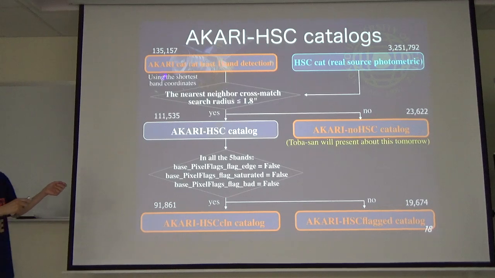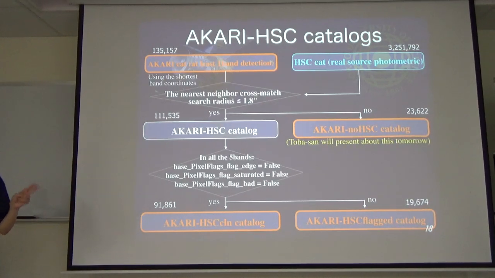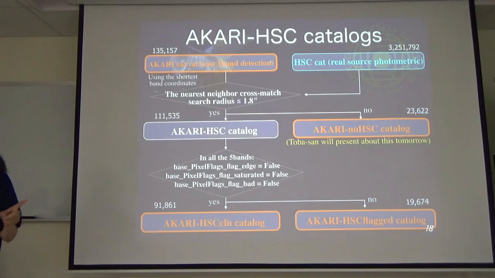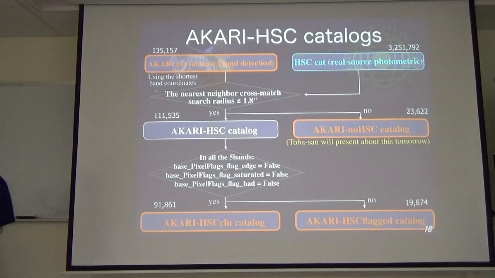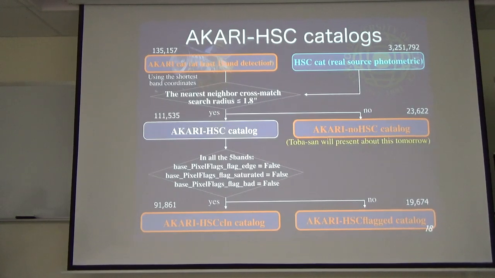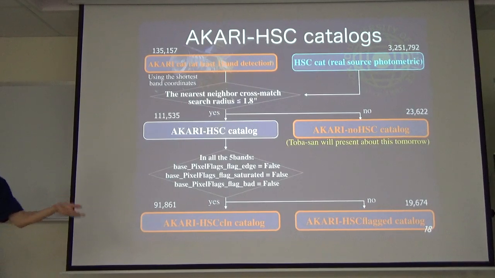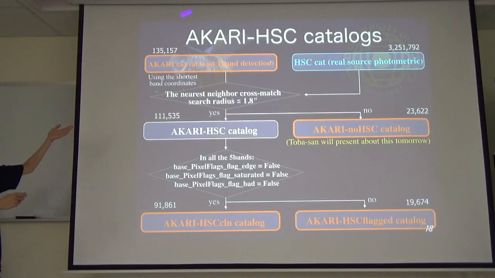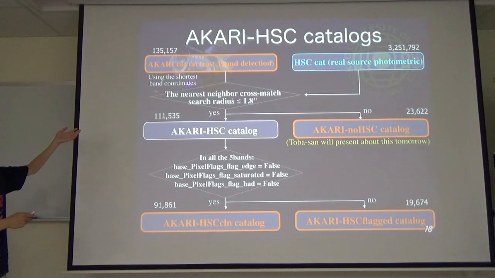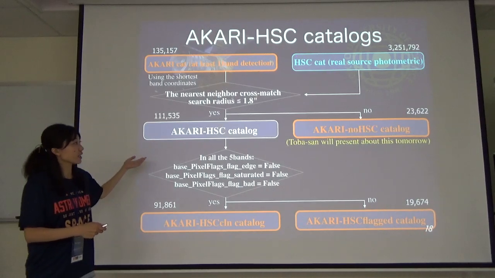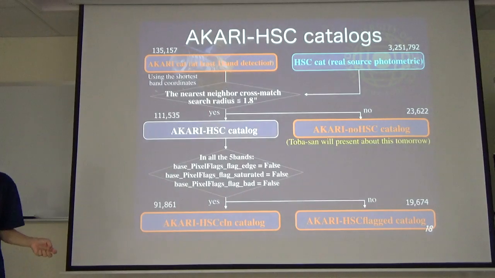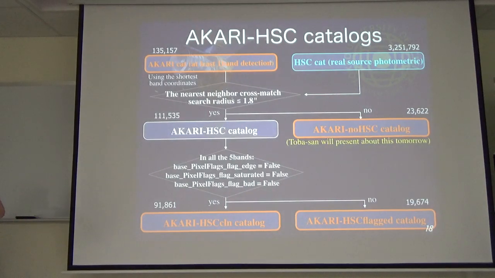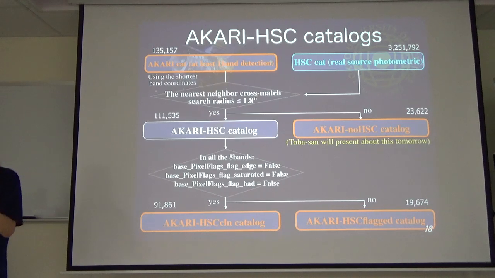Okay, so this catalog has all sources detected in at least one Akari IRC band. Maybe some of the sources are fake or not real, but anyway, we made this catalog as an Akari NEP wide catalog and merged it with the new HSC catalog with this 1.8 arcsecond matching radius, which Sonjin found out from the 3 sigma of the position accuracy between these two catalogs.